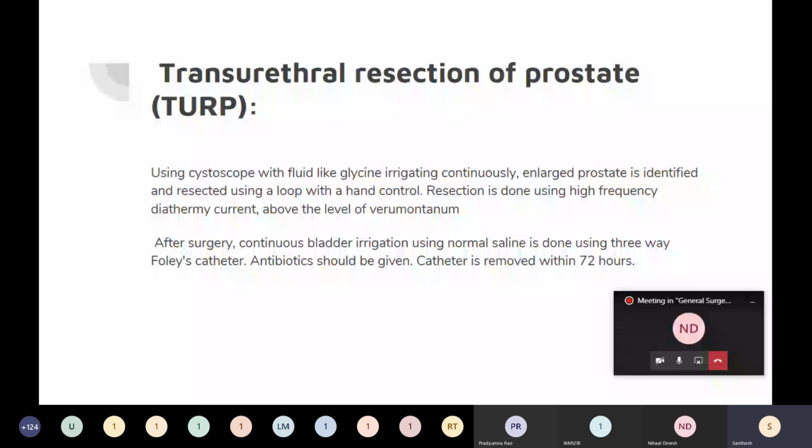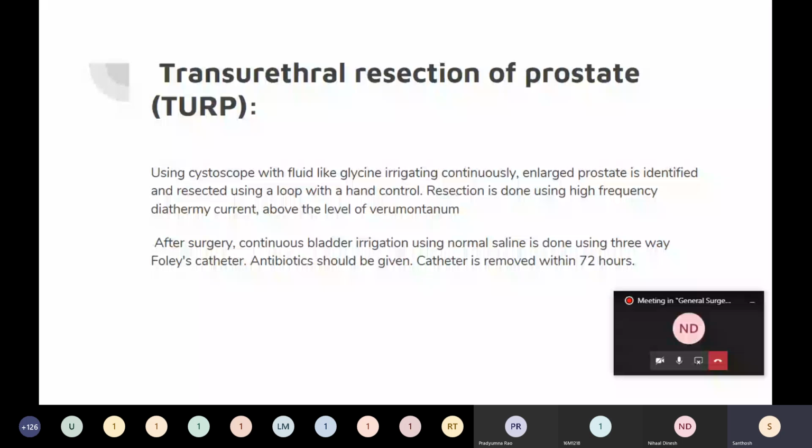They can ask you a separate question as TURP, so you'll have to write the whole procedure for that. If the question is TURP, then you better write the symptoms and signs, and then you have to write in which conditions you operate, and then you talk about TURP.